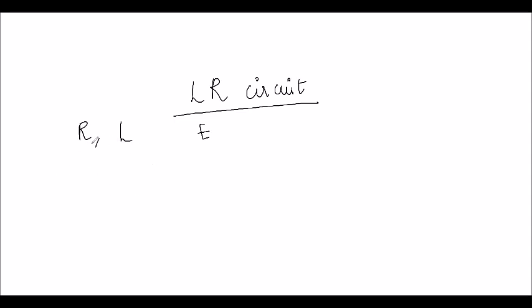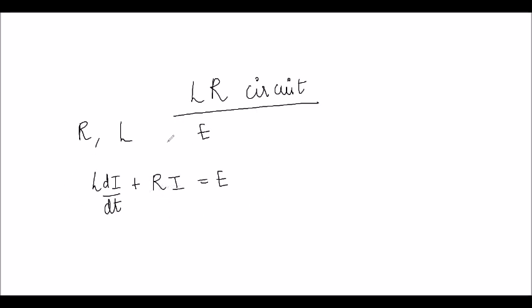So, by using Kirchhoff's law, we will get voltage drop across inductor L dI by dt plus voltage drop across resistor IR, and this sum will be equal to E. Here I is the current in the circuit at any time t.